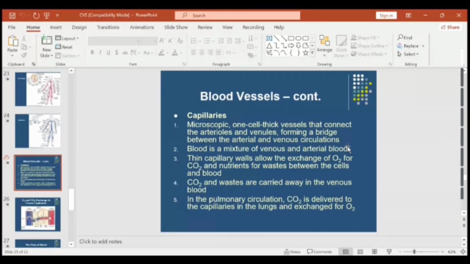Because of that small thickness of one cell, we have the diffusion of oxygen and the nutrients happening at that level. The blood pressure is lowest at the capillary level, highest on the arterial side, and lower on the venous side, or in the veins.